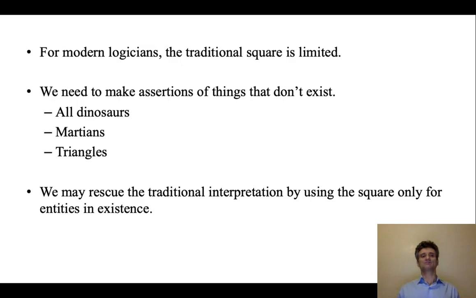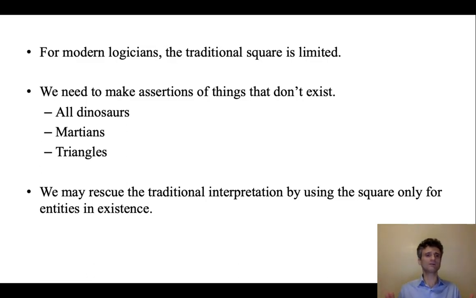Now, these entities don't really exist in real life, and yet I can make sense of them. However, if I use the traditional square of opposition, according to a traditional interpretation, I would thereby make an existential assumption, and I would thereby commit myself to the existence of such entities.